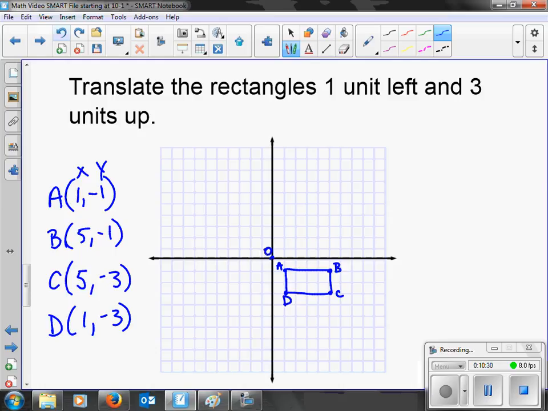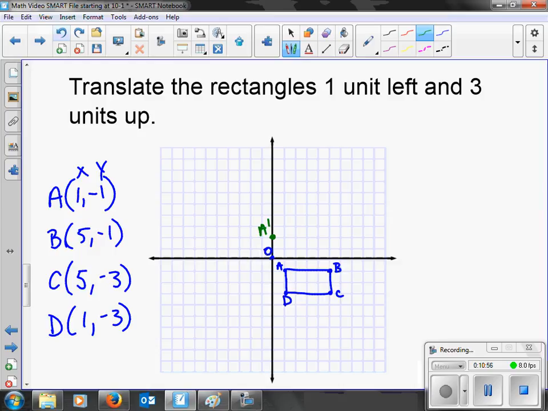Okay, now let's find the new location when we go left 1 and up 3. I'm going to start with A, go left 1, so 1, and then up 3. 1, 2, 3. Okay, so again, it's right on that axis right here. That's A prime, because it's the new location.